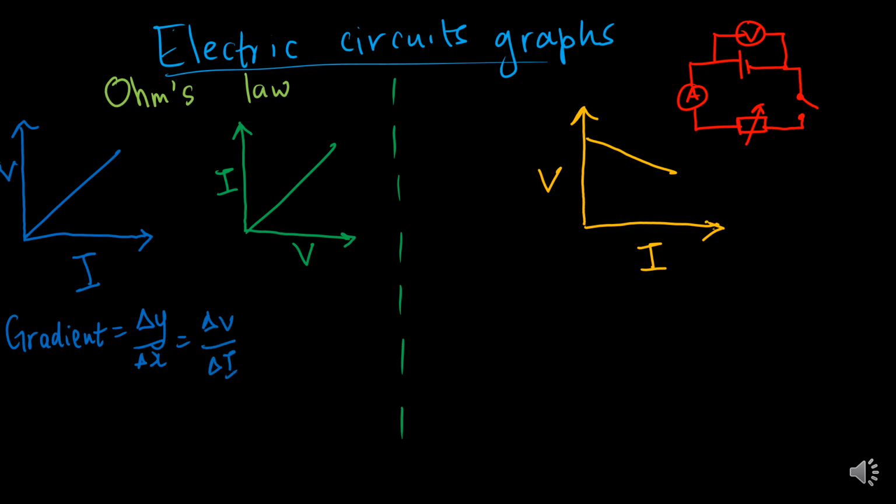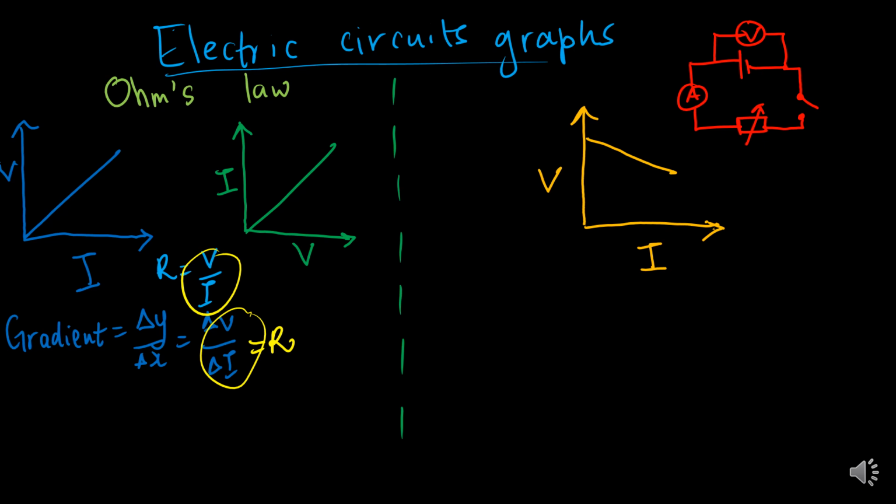So it's very important that you must be able to use Ohm's law and fit it into the equation of a straight line, right? That means that the gradient is equal to the resistance. So we can use the gradient of this graph to calculate the resistance, right?